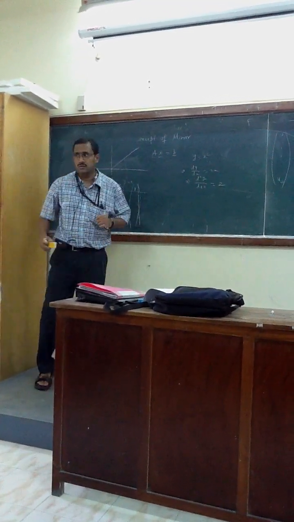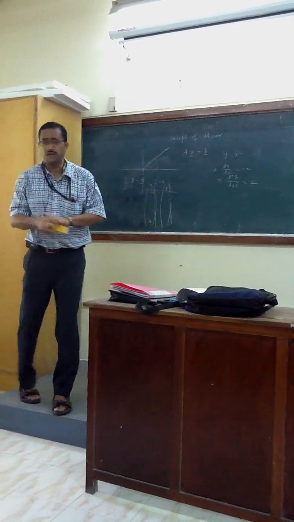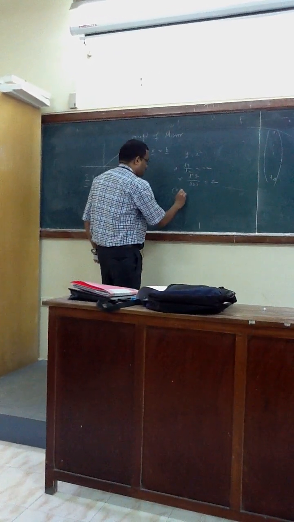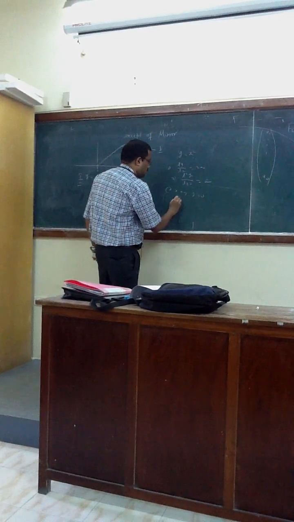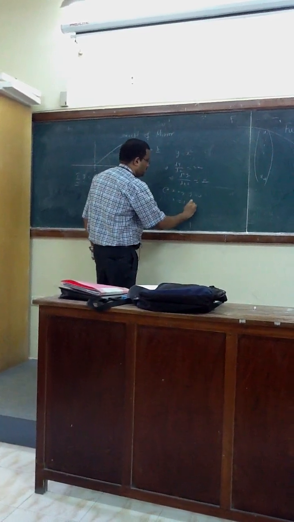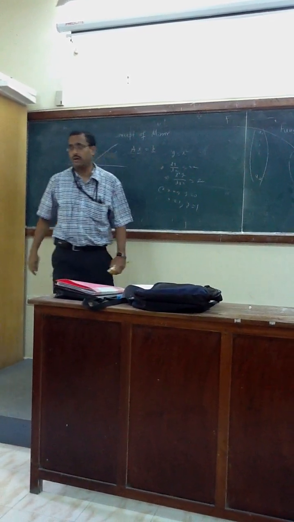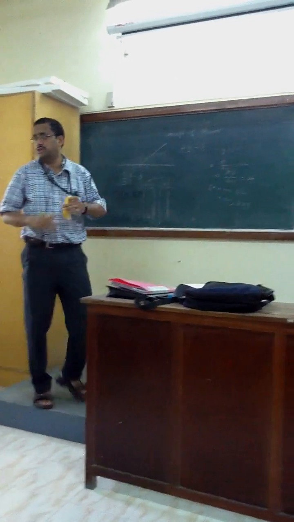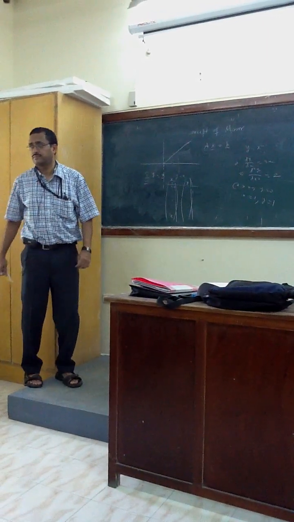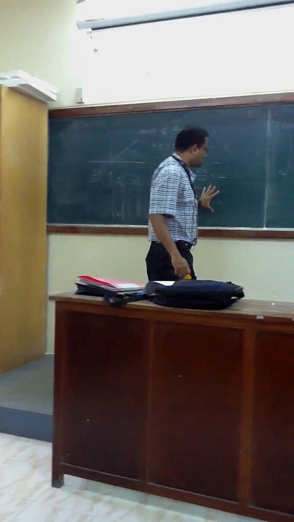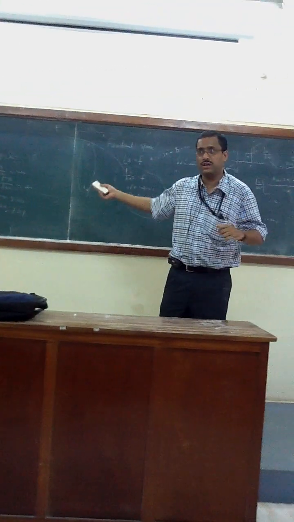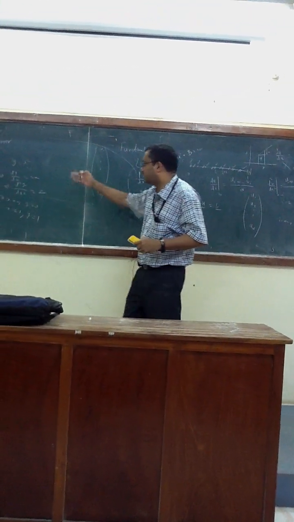Okay, boundary condition. It's very easy. At x equals 0, y equals 0. At x equals 1, if you want, y equals 1. This is one of the approximations. I hope it will work. Okay? So this is one of the ways. She wrote fantastically.